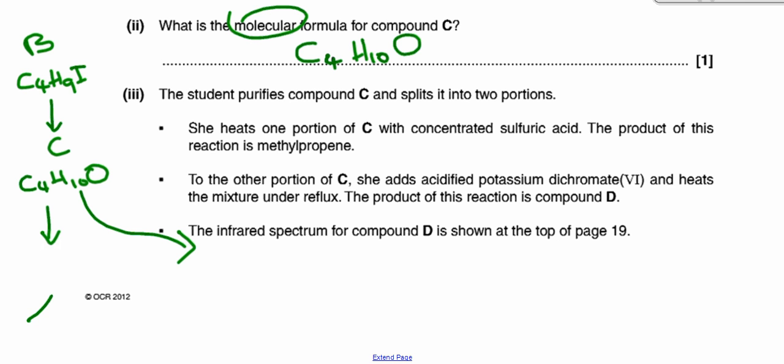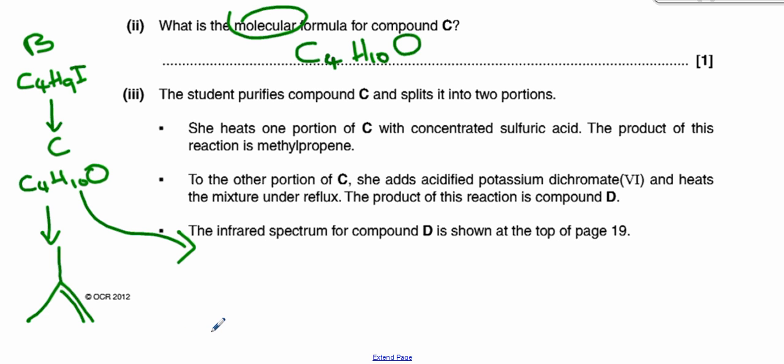So 1, 2, 3. And I'm doing this in skeletal just because the chances are my pen will stop working. It's just quicker. And I've got a methyl group on there. So there's a methyl there. And it's propene. So I must have a double bond as well. There. So that's what that would look like.